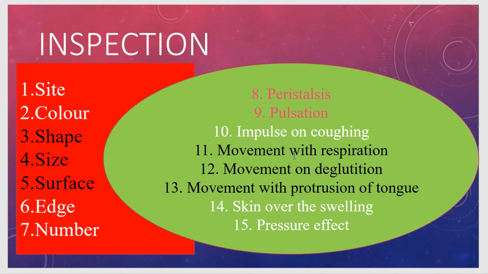and finally, focus on the remaining area. The first group has 7 important headings and another has 8 important headings. So after going through site, color, then shape, size, surface, edge, number, comes 2P, peristalsis and pulsation: whether any peristaltic movement is associated with the swelling or not, and what the status of pulsation is.